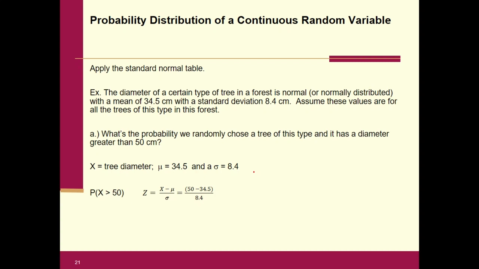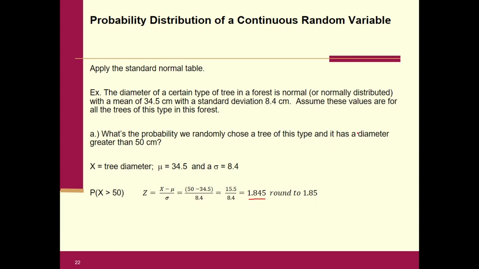So when you put that into your calculator with parentheses in the numerator, it should come out to 15.5 divided by 8.4, and I got 1.845 when I calculated it.